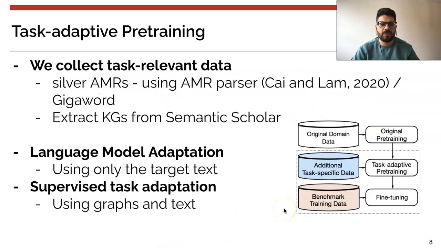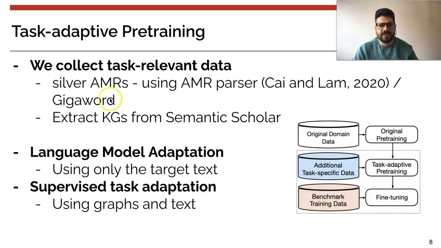Further, we explore task adaptive pre-training. The idea is collecting task relevant data to further fine-tune the model. So you have the original model with a pre-training. After that we do this task adaptive pre-training using additional task specific data, and finally we fine-tune the models on the final data set.